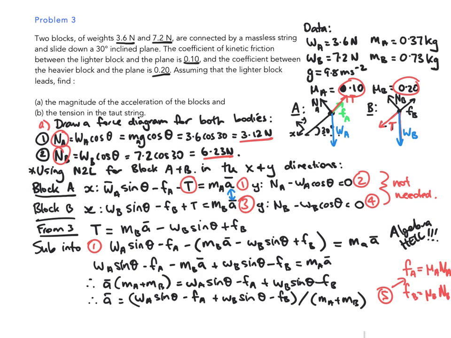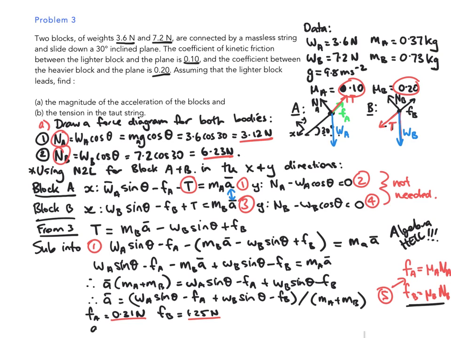Plugging into those expressions, I get F_A equals 0.31 newtons, and F_B is equal to 1.25 newtons. So that's some more data that we've calculated. This is definitely not an exam question.